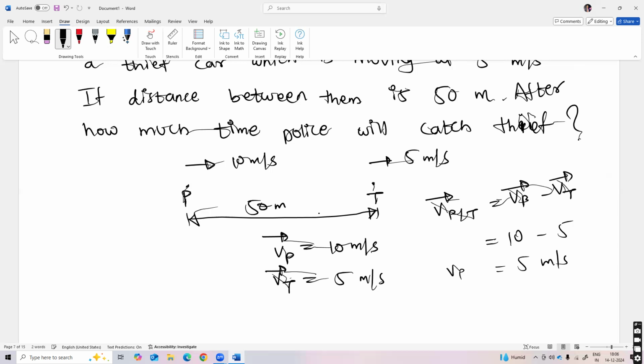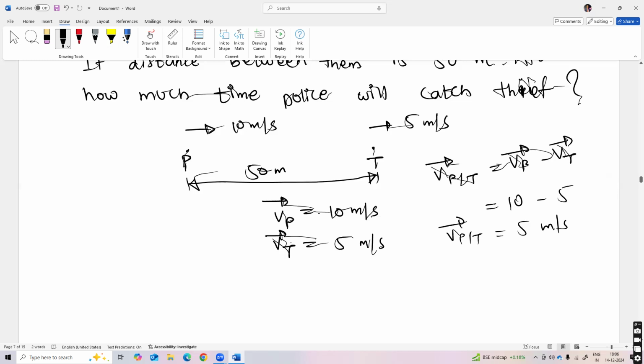When we say relative velocity, we consider T as not moving. So now the police has to move 50 meter, so distance is 50 upon velocity 5. So we got time equal to 10 seconds. So both of you got the correct answer.